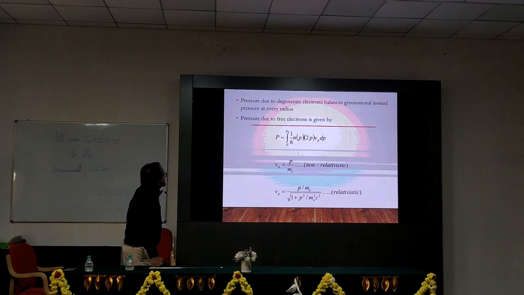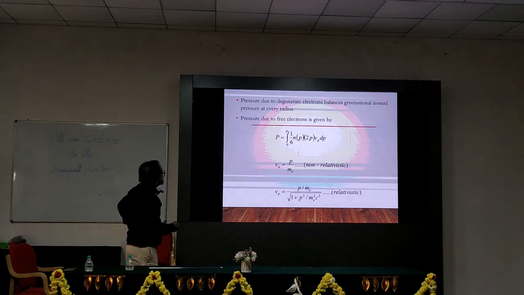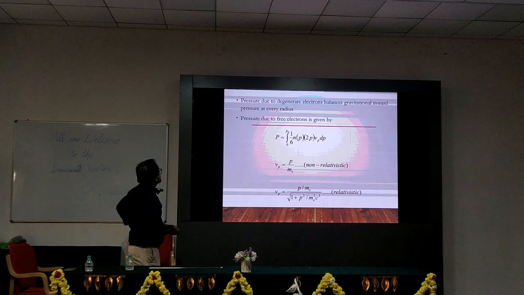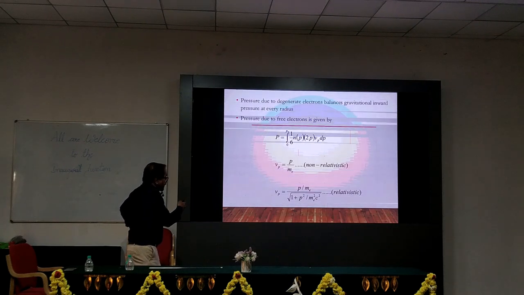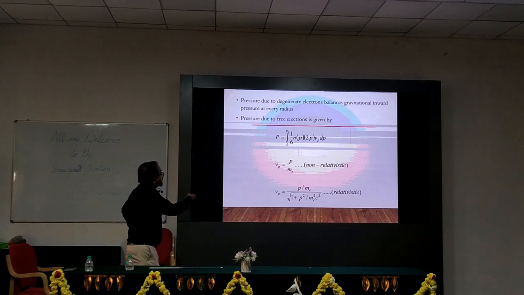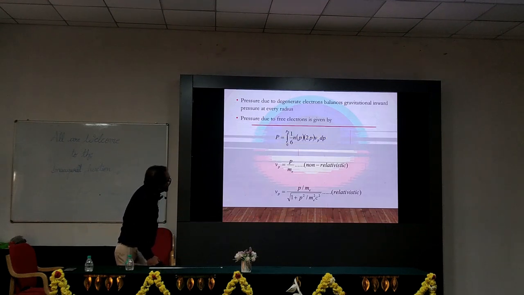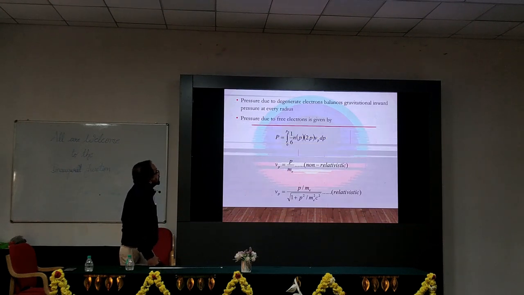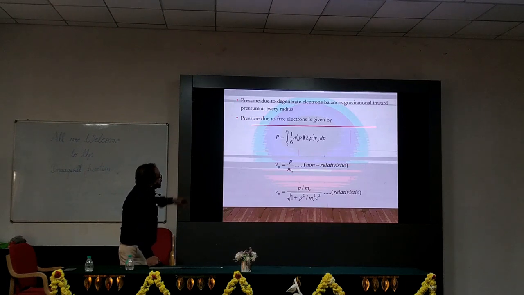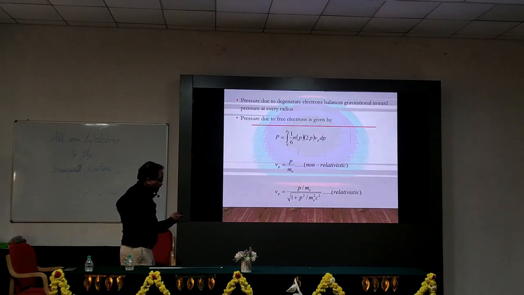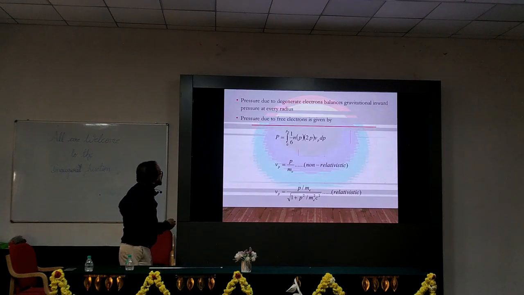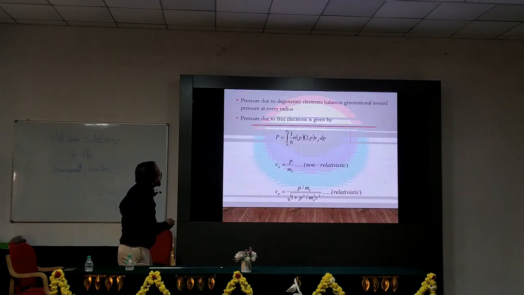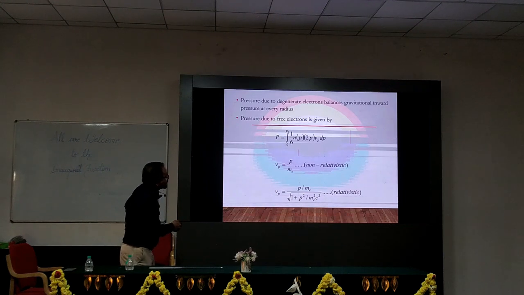Vp is momentum divided by the mass of the electron in the non-relativistic case, and in the relativistic case it is P by me divided by the square root of 1 plus P square by m square c square. We have to use either one of them to get the pressure. Simple physics, no contour integration or complex variables, nothing.